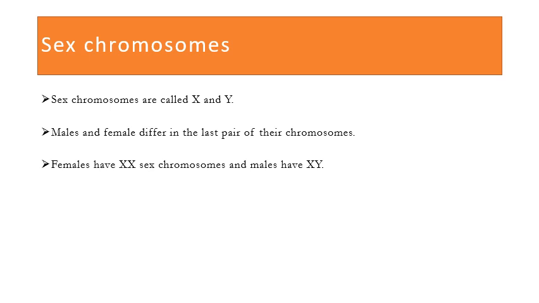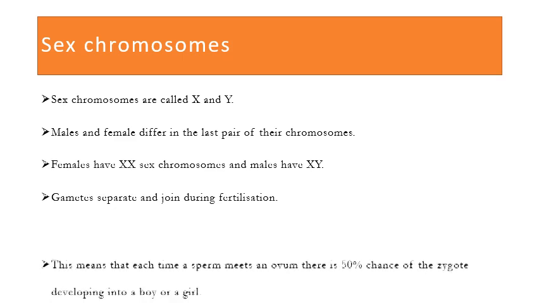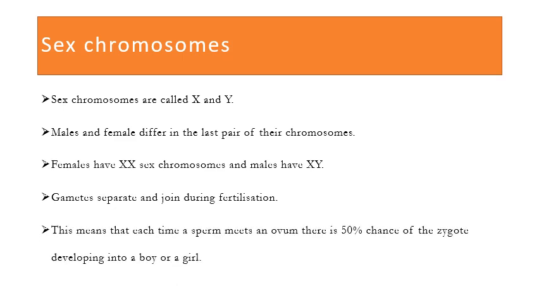But if it is an XY pair, the resultant phenotype is going to be a male. So if we separate the chromosomes at gamete formation, one will have X and the other one will have Y, or in the case of females, one will have X and the other one will have X. So the resultant crossing of these chromosomes will give us a 50% chance of either a female or a male being produced when fertilization occurs.